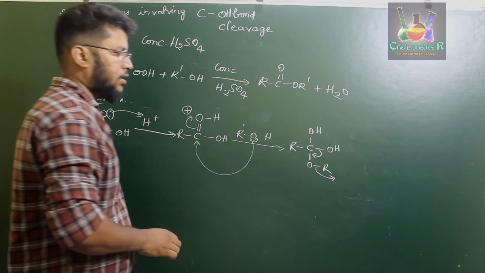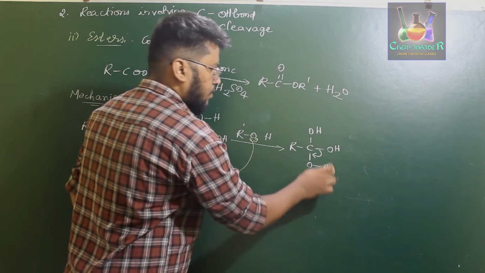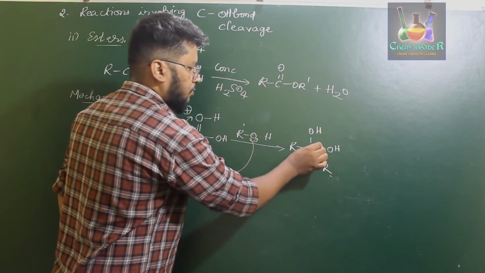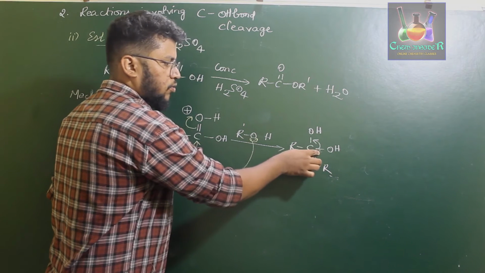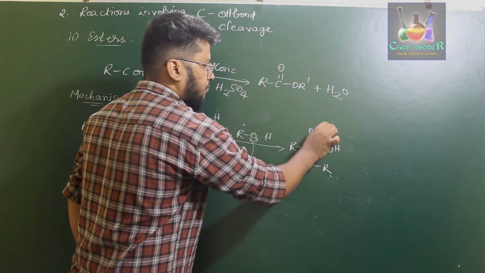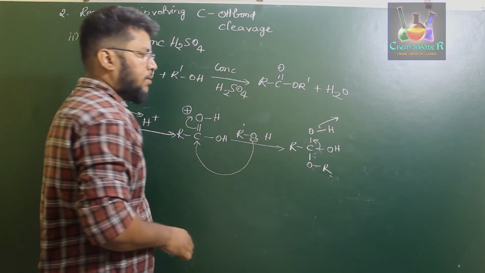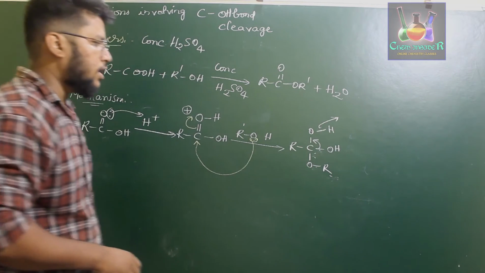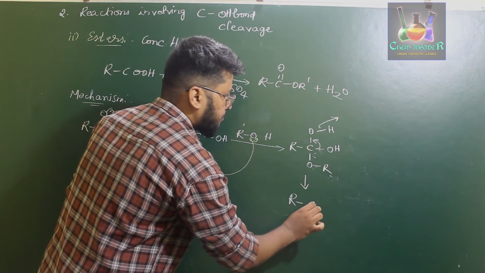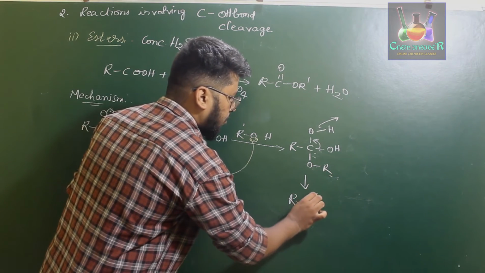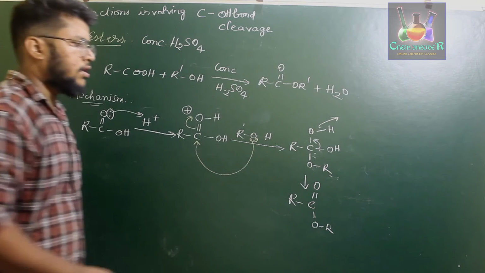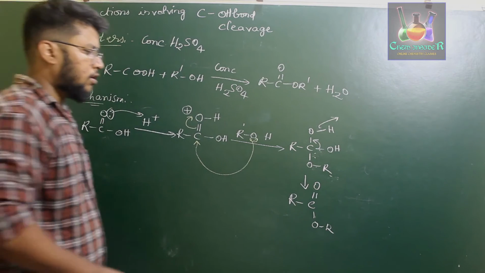This will be R over here. So when this double bond attacks over here, the oxygen OH group attacks at this position. Therefore, in the same meantime, this H will be lost. So that leads to the formation of R, C double bond O, OR.